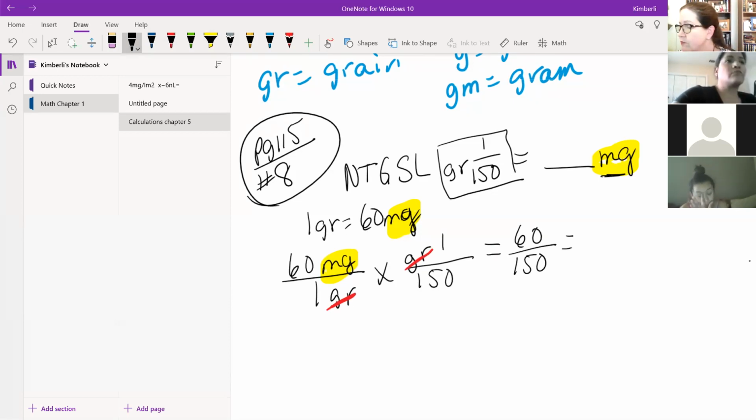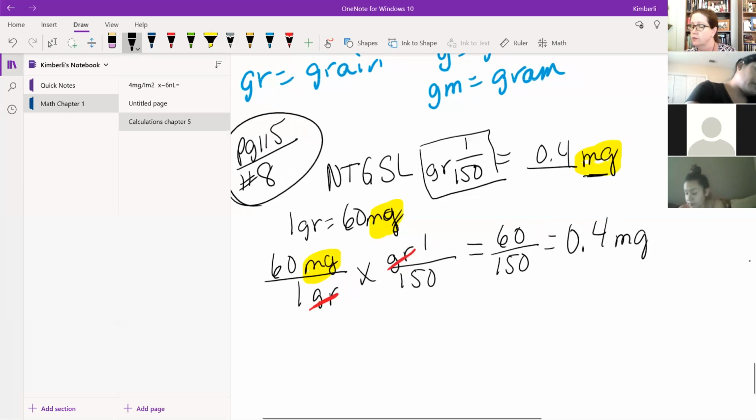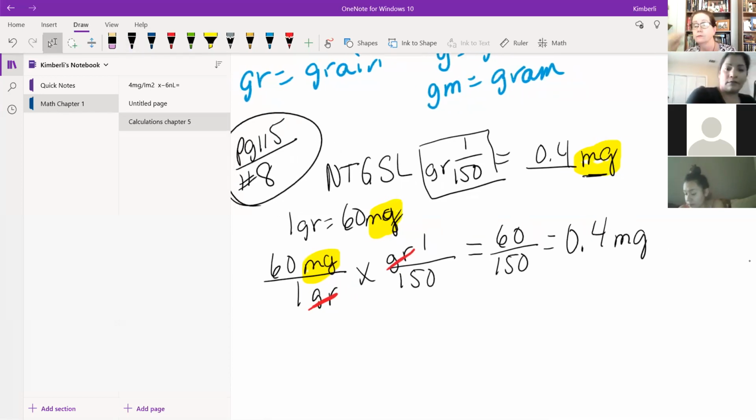Oh, I got 0.4 milligrams. And sometimes I'll get 0.39999 depending on how I do it. Okay, so my answer there is 0.4 milligrams. Okay, is that making sense? Okay, good.